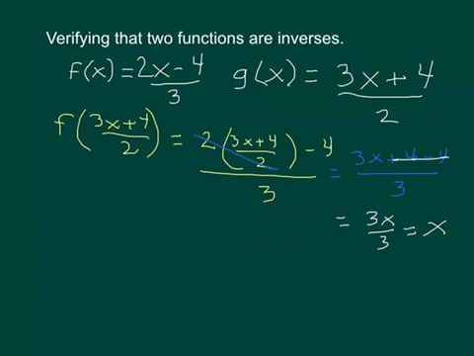So we're going to find g of f of x, and we should also get x. Very important we go both directions. So g of f of x is 2x minus 4 over 3.